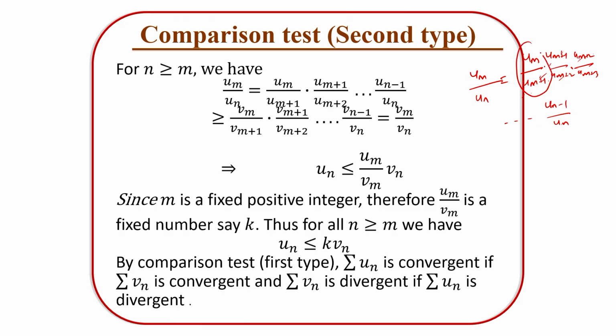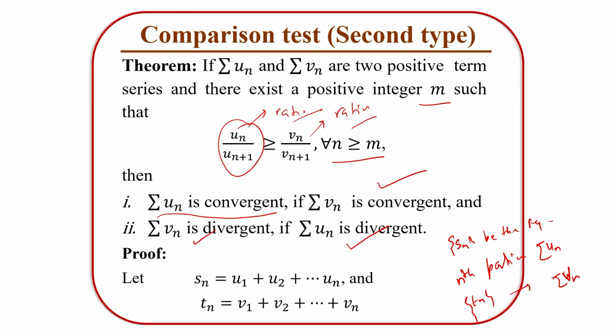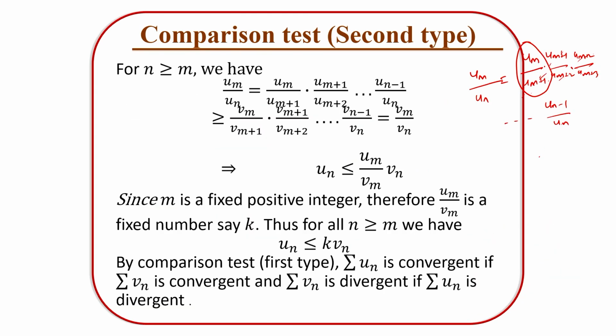Each term um by um plus 1 is greater than or equal to vm divided by vm plus 1. Similarly, um plus 1 by um plus 2 is greater than or equal to vm plus 1 by vm plus 2, right?